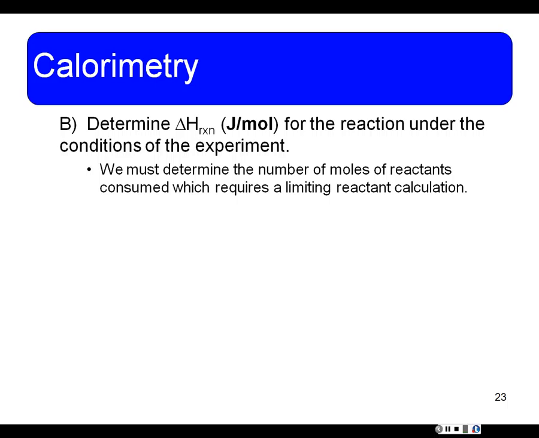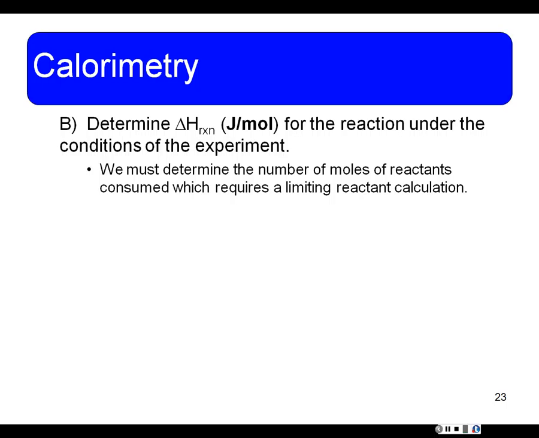We don't know the moles. We kind of know the mass, but we know the molarity and the volume. Molarity equals moles over liters, or millimoles over milliliters. If we rearrange this, we get molarity times liters equals moles, or millimoles.